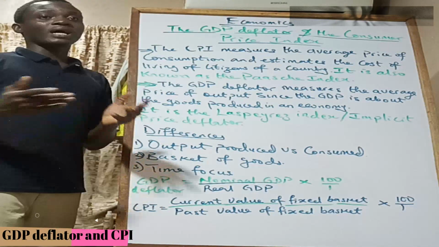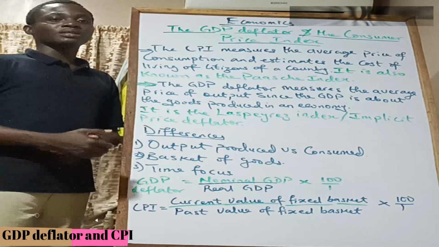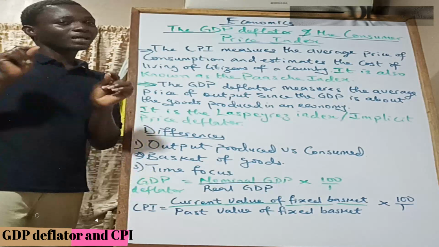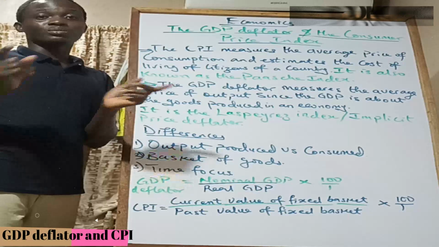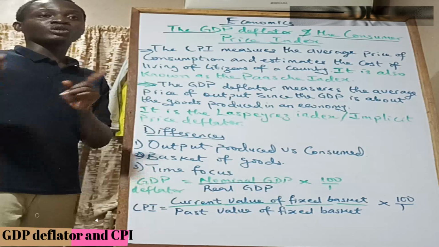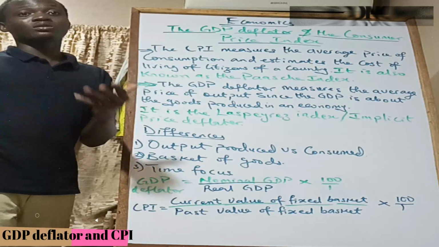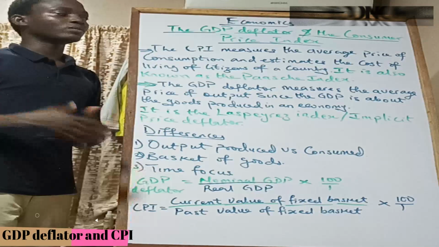If you have a very high CPI from what you had previously, then on average, the price of goods and services that a typical household consumes has risen, which is a bad indicator in the economy. That gives you an indication of inflation, and it affects purchasing power, standard of living, and so on.